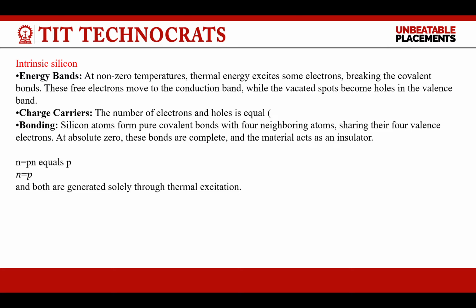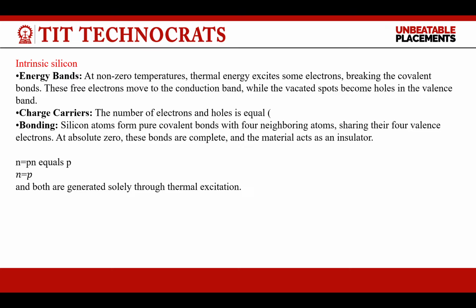Now the intrinsic silicon. The energy band of intrinsic silicon is at non-zero temperature. Thermal energy excites some electrons, breaking the covalent bond. Charge carriers: the number of electrons and holes are equal, and the bonding in the silicon semiconductor forms pure covalent bonds with four neighboring atoms sharing their four valence electrons.